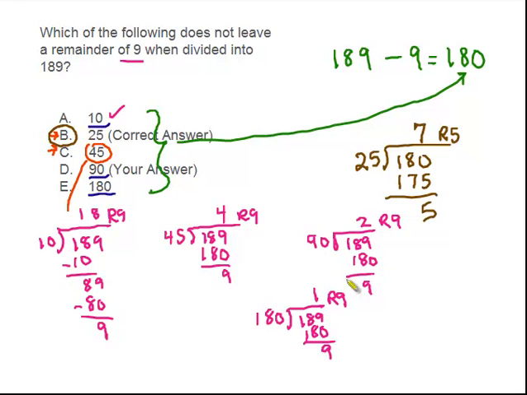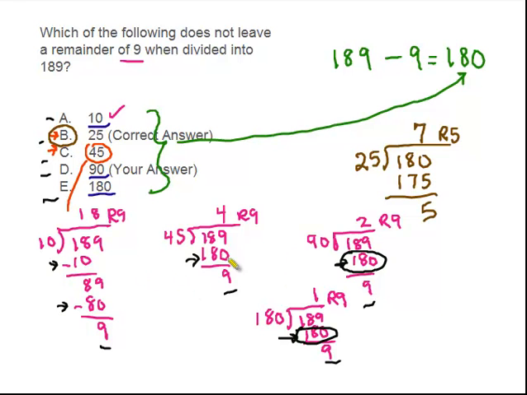So you see, in all these cases, we had this 9 at the bottom, which we were able to get rid of because again that's the remainder, and we're really trying to see which of these went into 180 evenly. And you see we have a 180 here, we have a 180 here, we have a 180 here, and we really have a 180 here as well because this 1 here is in the hundreds place, this 8 here is in the tens place, so this is like a 180.